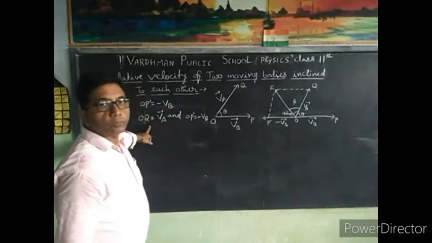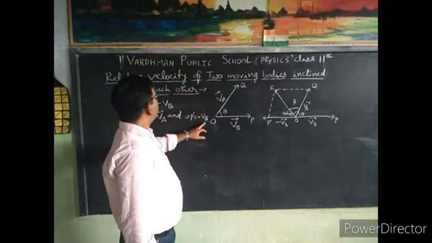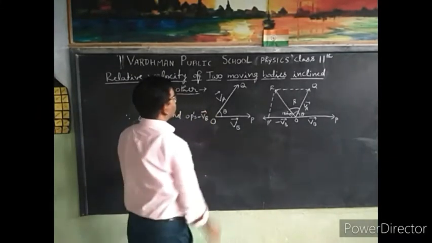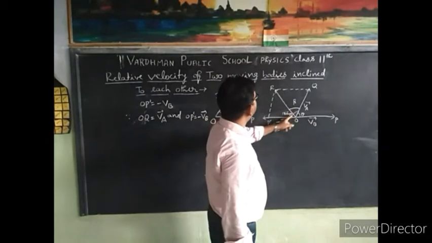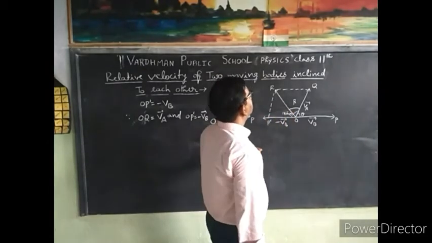Since OQ is equal to vector Va and OP dash is equal to minus vector Vb, they make an angle 180 degree minus theta with each other.